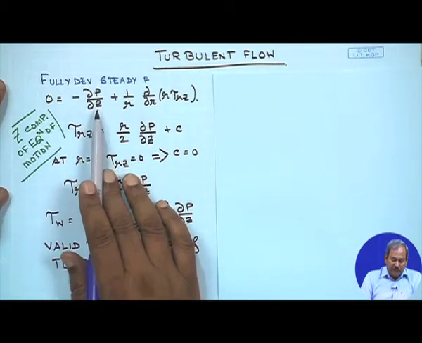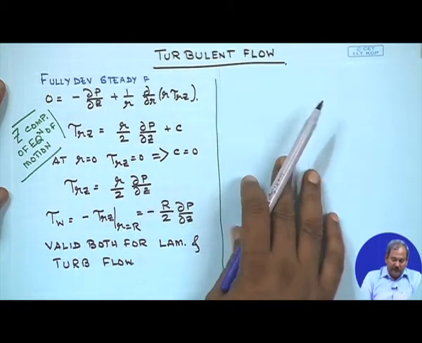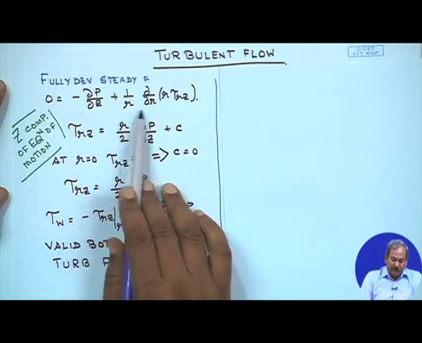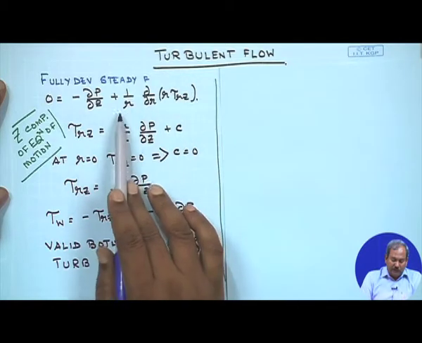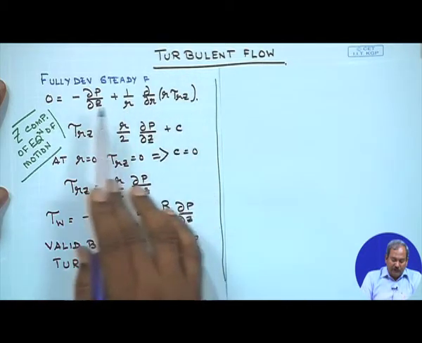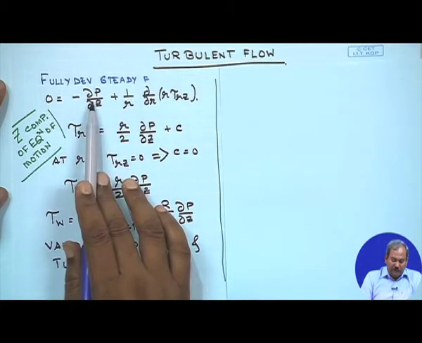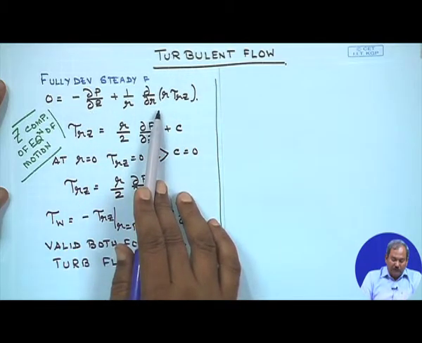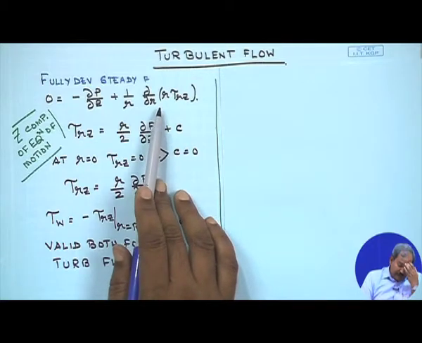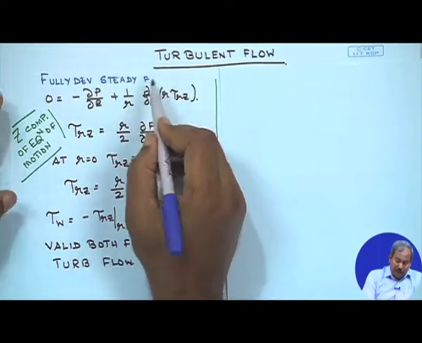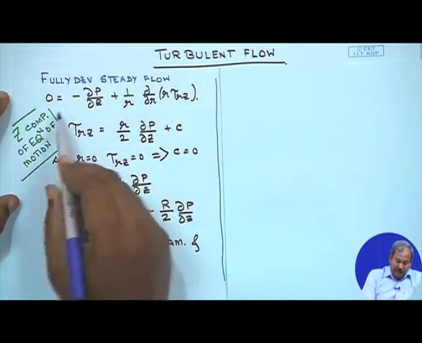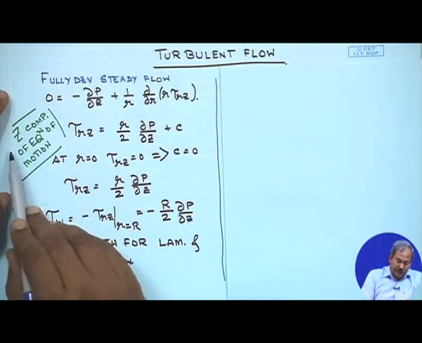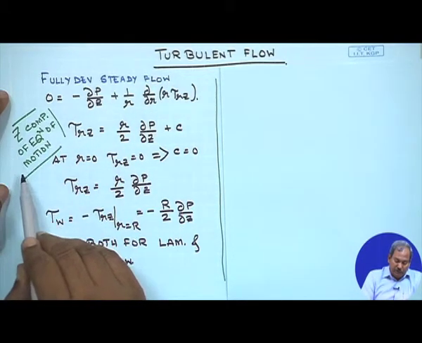This is minus del P del Z, and since it is a cylindrical system, this denotes the viscous forces acting on it. So, this is the pressure gradient which is forcing the fluid to flow, and this is the shear stress which is opposing the motion of the fluid. At steady state fully developed condition, this would be the equation for the z component of the equation of motion.